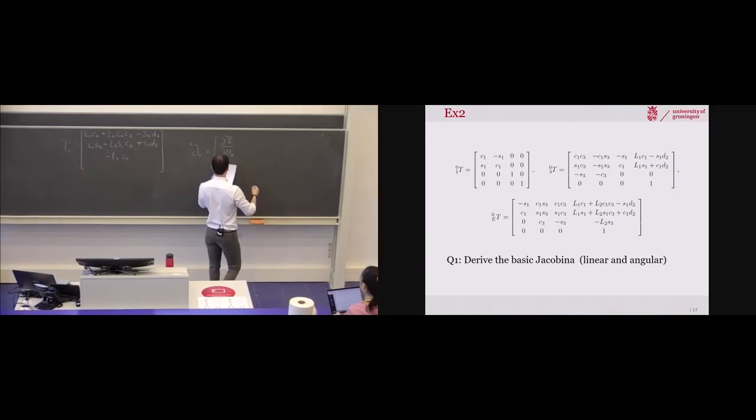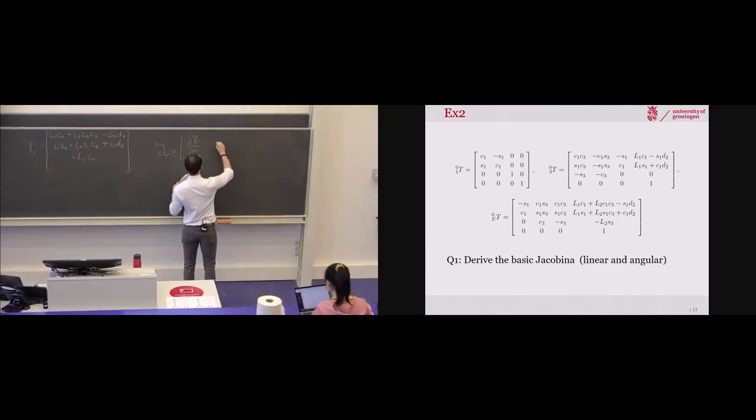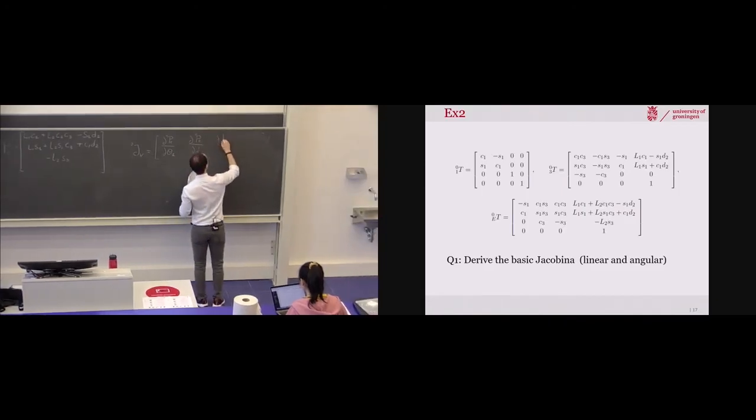Then you have the second variable that is d2. So you have to take, once again, P from 0 to e, and the partial derivative with respect to d2. Also in this case, this will be a vector of 3×1. And then you do the partial derivative with respect to theta 3.